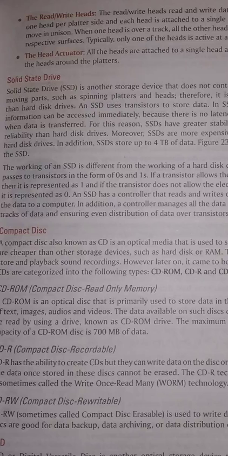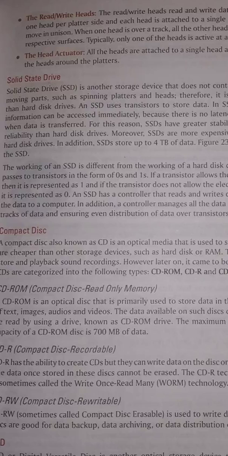Then DVD-R uses a technology known as WORM technology for writing the data. They are available in capacities like 4.7 or 9.4 GB. That means 4.7 GB of data can be stored inside a DVD.